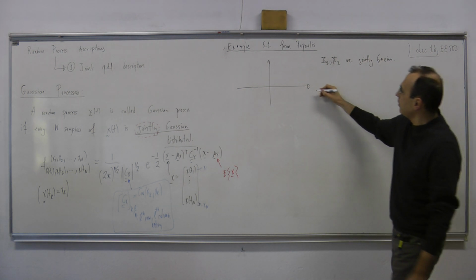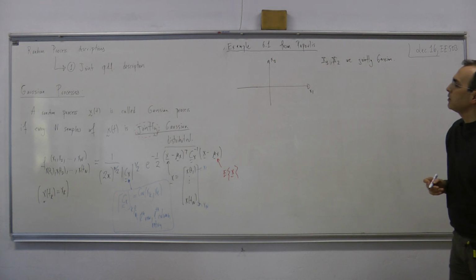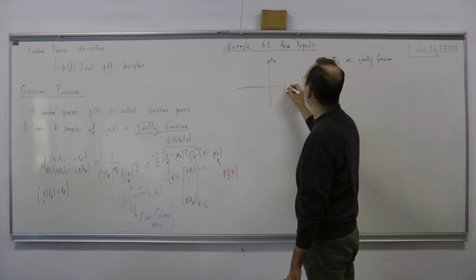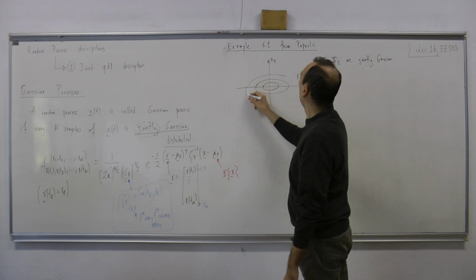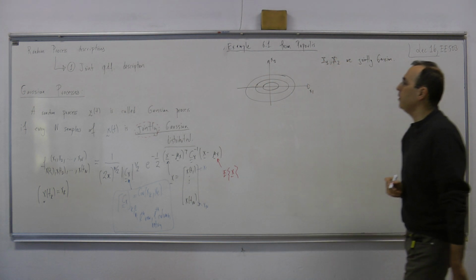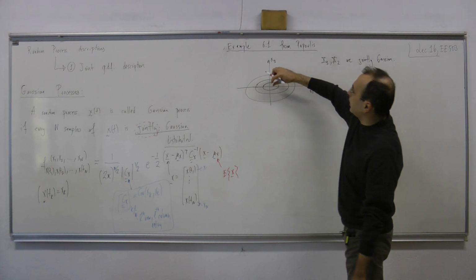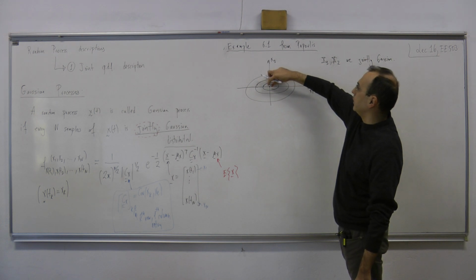So what does that mean? Well, if this is x1, x2, let's say that they are jointly Gaussian and something like this, maybe their level curves are, they're already uncorrelated or independent. Maybe their level curves are something like that. So this is like a peak of this distribution. So its mean is at 0, let's say.